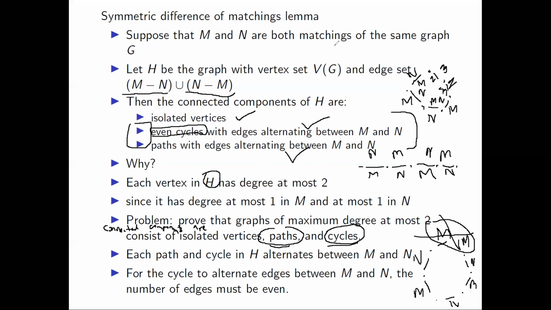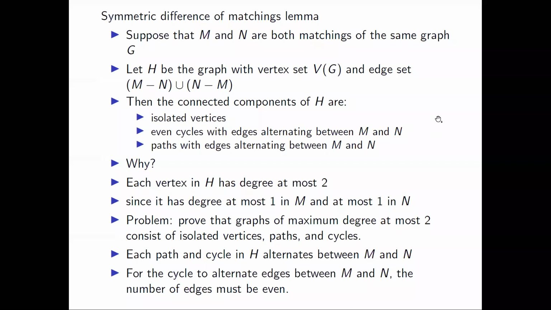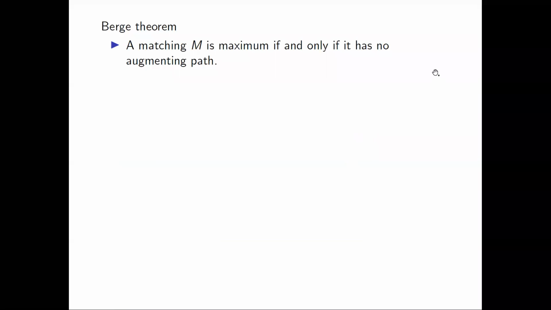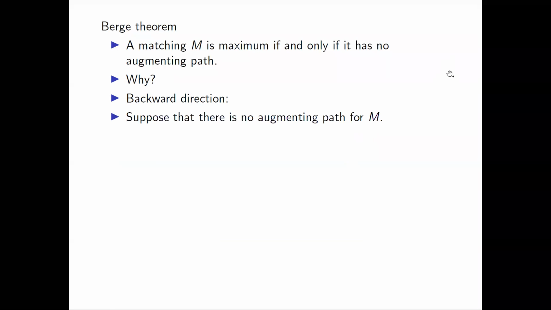So now we're ready to do the backward direction of Berge's theorem. There's the statement of the theorem again. And for the backward direction, we will suppose that this matching M has no augmenting path. And we'll do a proof by contradiction here.